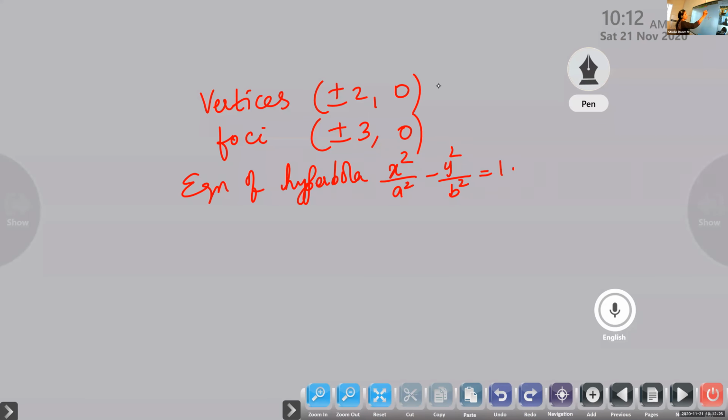So vertices are given by plus or minus a, 0, and foci are given by plus or minus c, 0. Compare it. From here you can write a is equal to 2 and c is equal to 3.